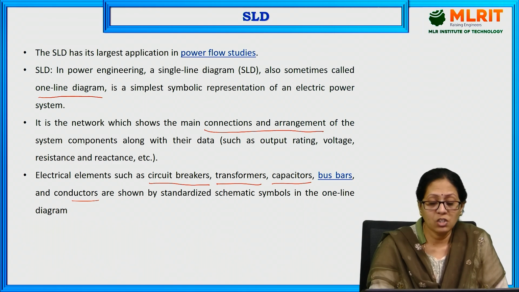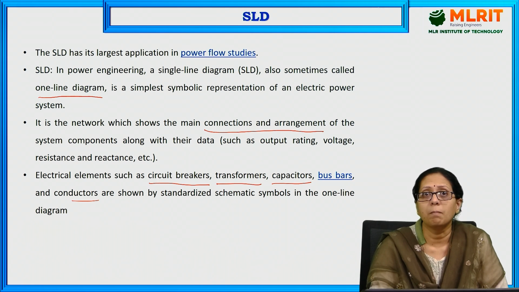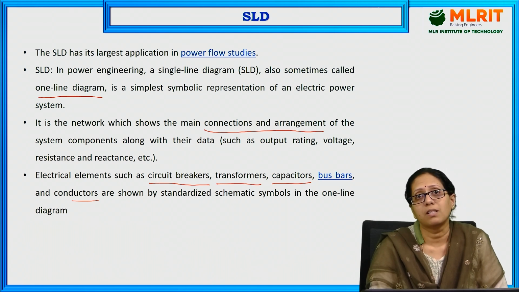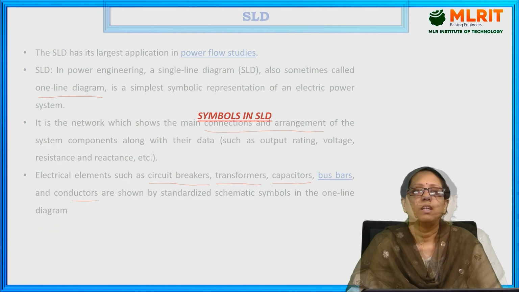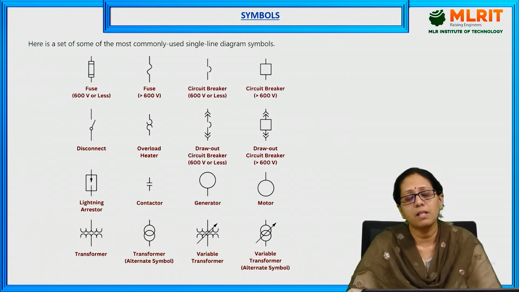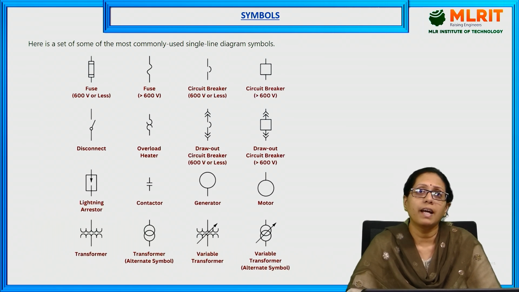For each and every element there is a specific symbol, and based on these symbols we can decide the voltage and current flow in a single line diagram. Here you can see different symbols which are used in the single line diagram.